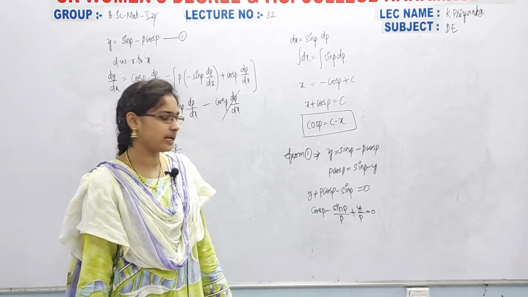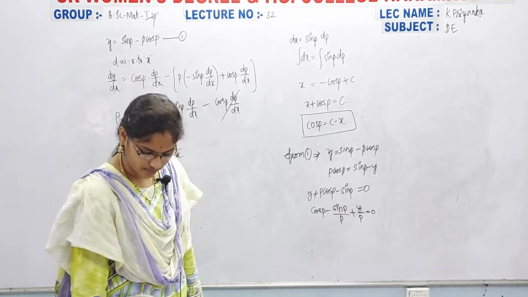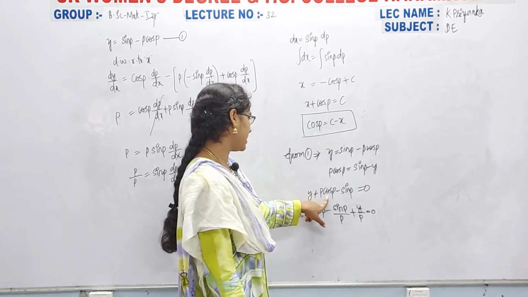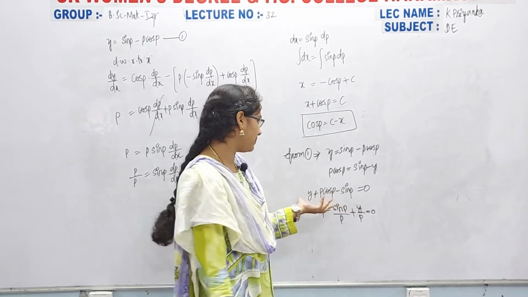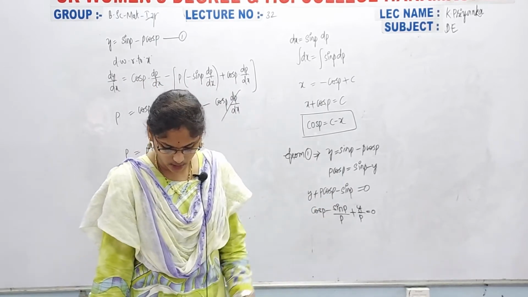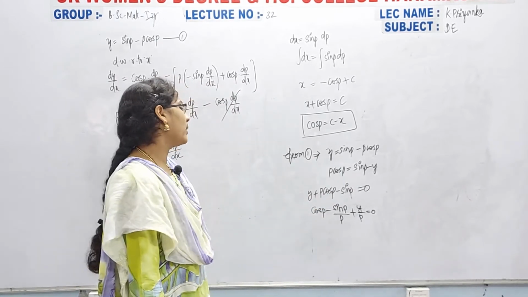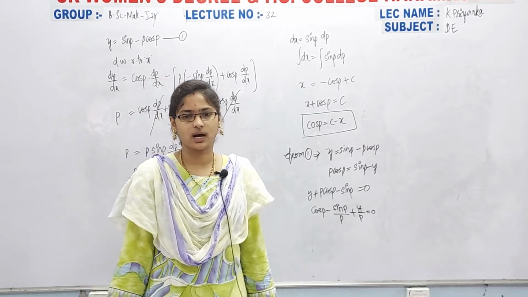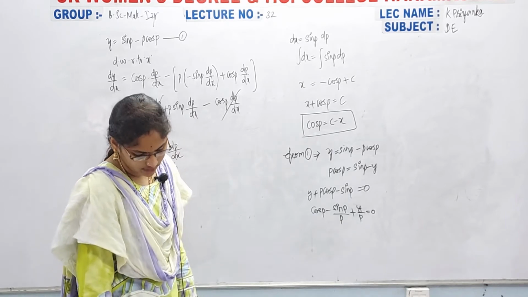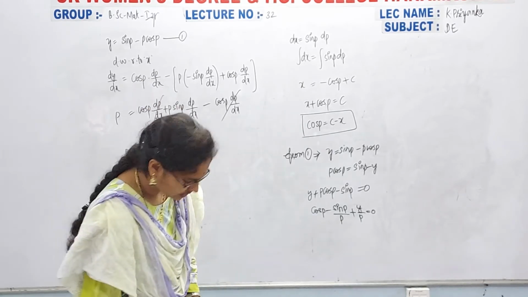Actually we have to get the form ax square plus bx plus c, but here I don't have any square term. So I cannot calculate by using the quadratic equation formula, factorization and so on.